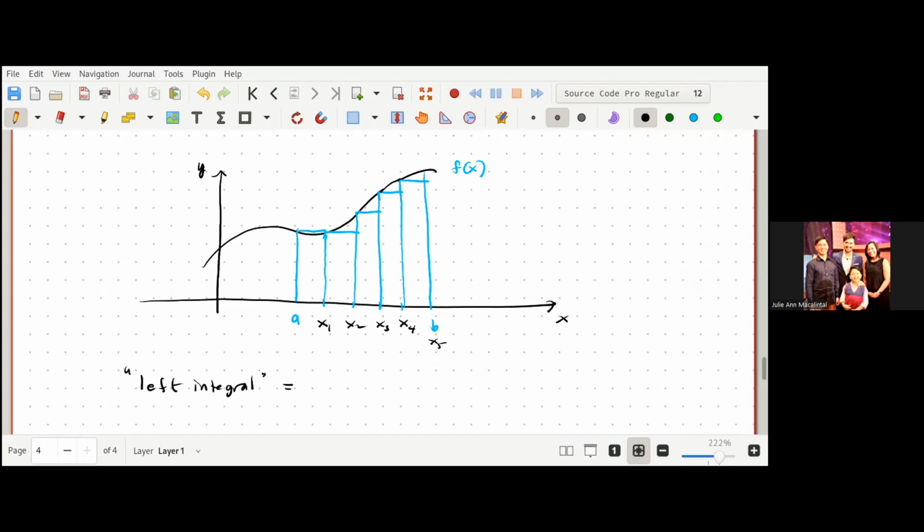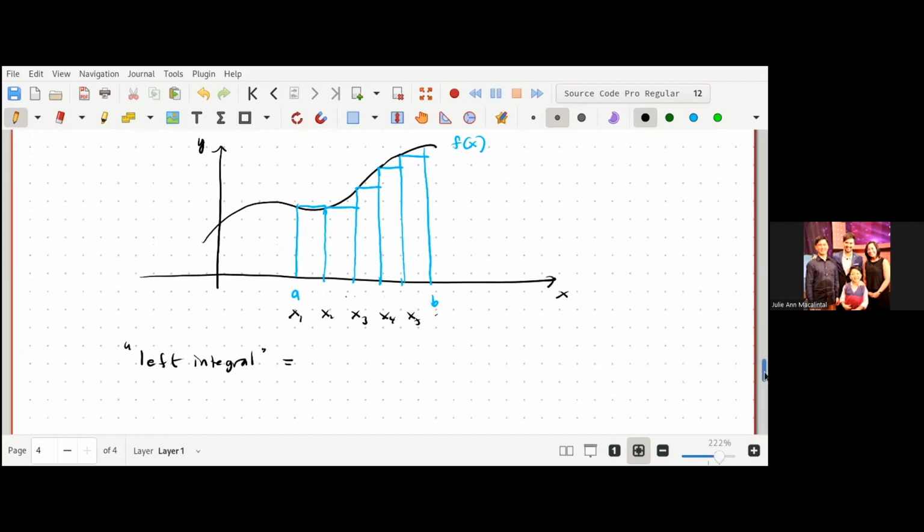Ang kailangan natin, sorry, magsisimula pala sa a. So, ito yung magiging x1, x2, x3, x5. So, the left integral will look like this.